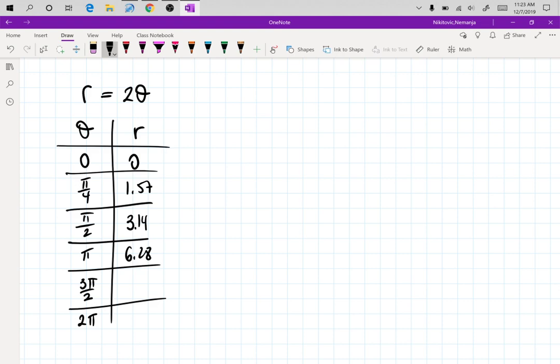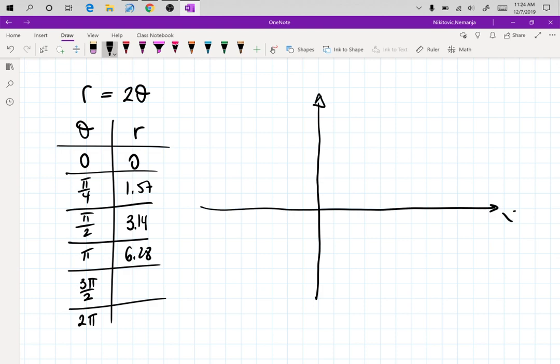Now, with your scale in centimeters or inches or something, you get to measure these values. I do have these little squares here, so I'll just follow the squares. I start at 0, 0, and then at pi over 4, which is in this line here, I need 1.5 units.